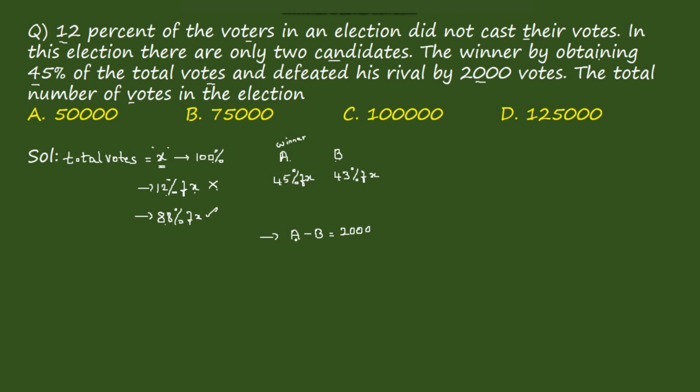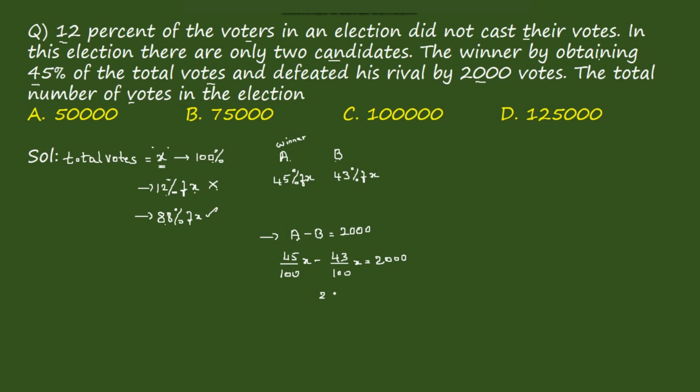But we know that votes by A minus B is equal to 2000. So we have to substitute the values. Votes obtained by A minus B is 45 by 100 X minus 43 by 100 X, which is equal to 2000.